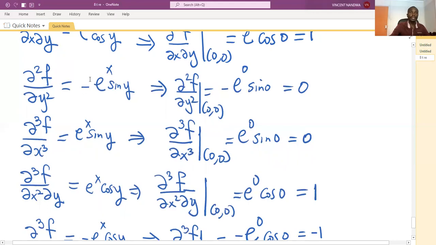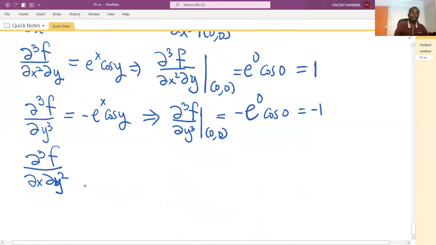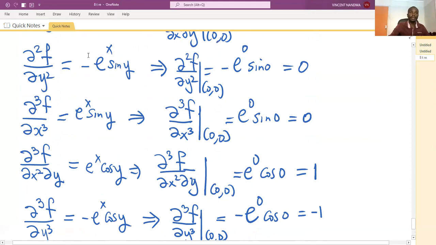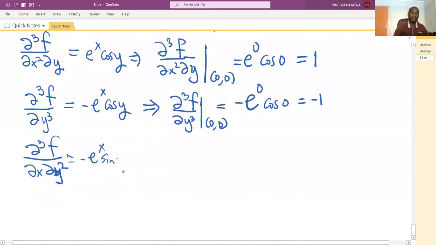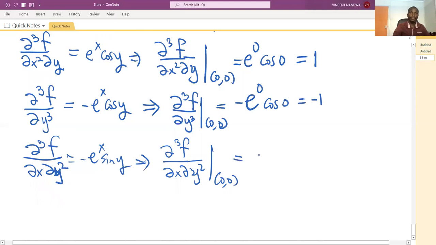So you get negative e raised to power x, and then this will give us sine of y. So it tells us that partial cubed f partial x partial y squared at 0, 0 is negative e raised to power 0 sine 0, which is 0.